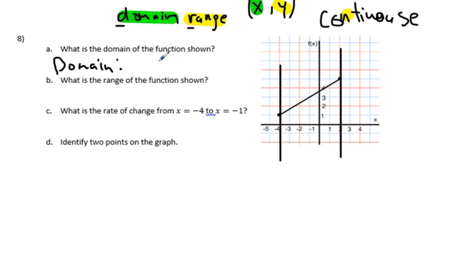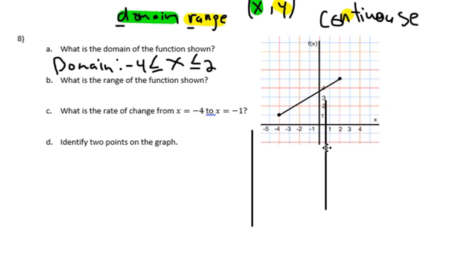And so it's all the real numbers greater than or equal to -4, right? Because it starts at -4 and it goes to 2. So it's less than or equal to 2. Now, the reason I use the greater than or equal to and less than or equal to is because at the end of this, notice that the bubbles are filled in right here.